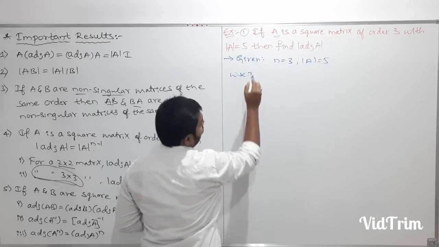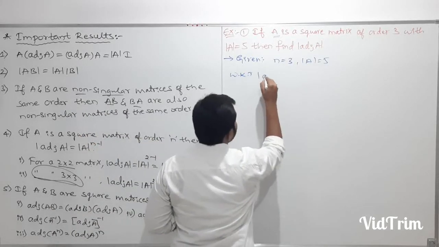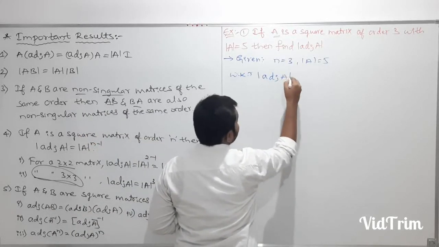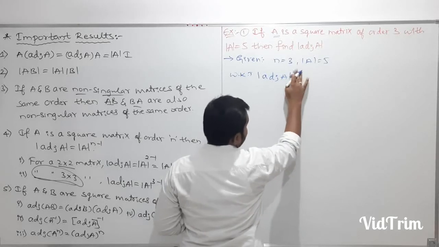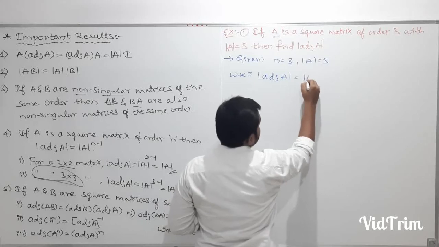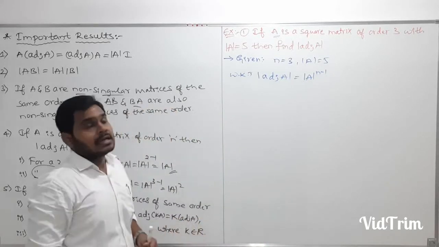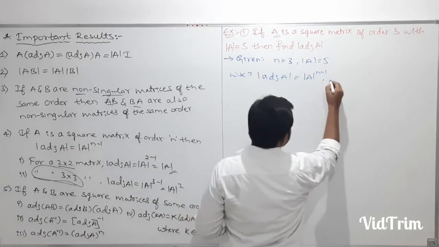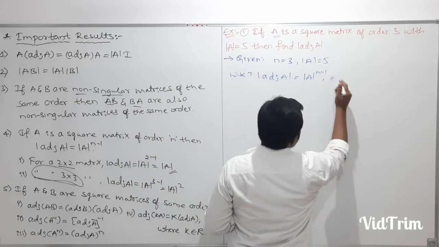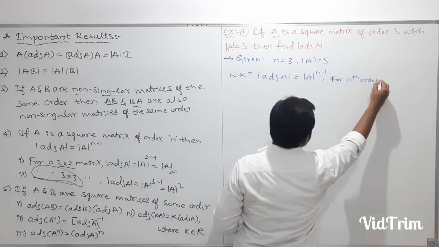Clear? And we know the result. What is that? Determinant of adjoint of A is equal to determinant of A whole to the power n minus 1, where this is the formula for nth order.